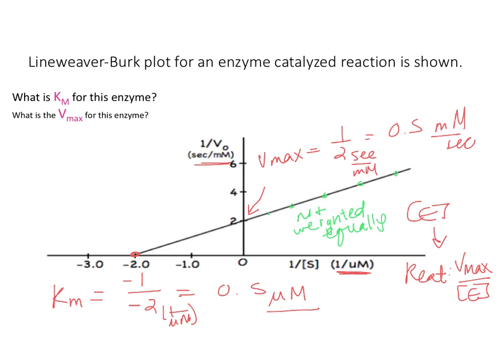What that means is that these points out here have a bigger effect on the slope of the line than these points down here. So if this dot were to move up even just a little bit, it would change almost the whole slope of this line, and then your extrapolation would be off.